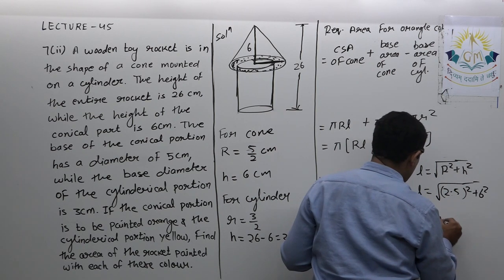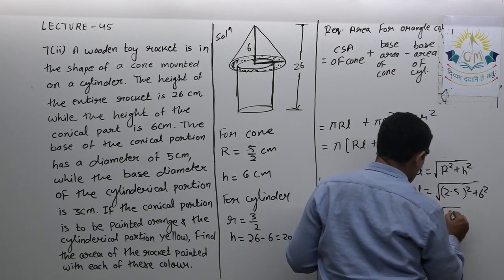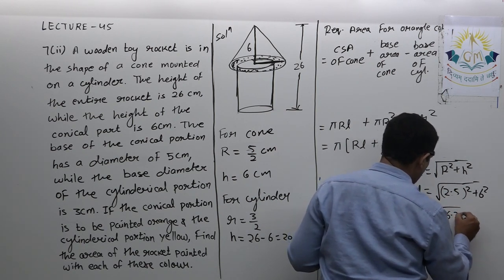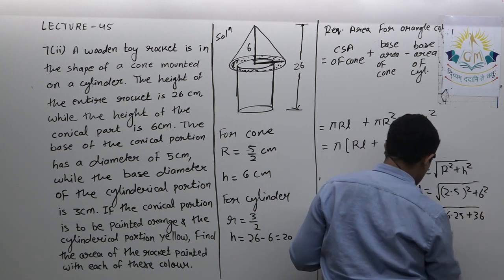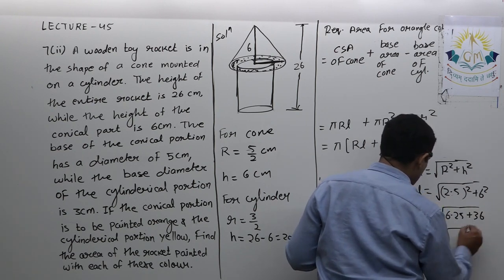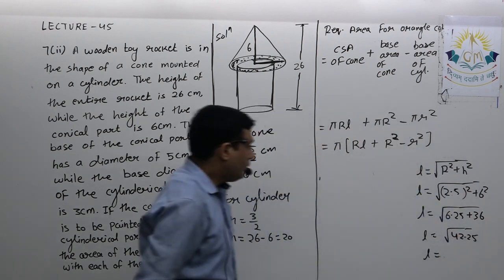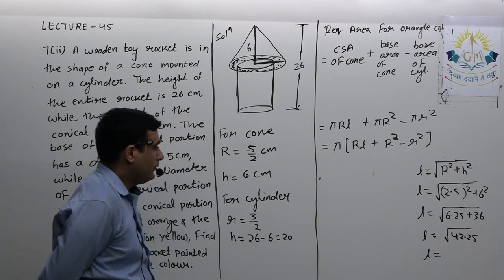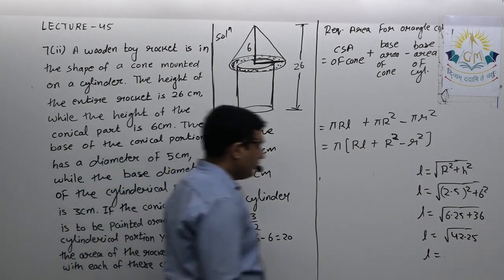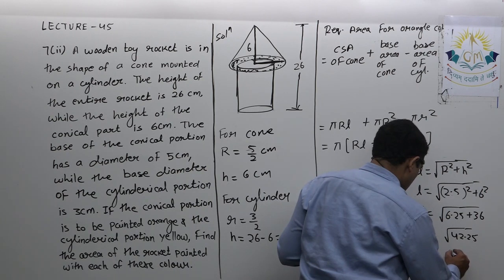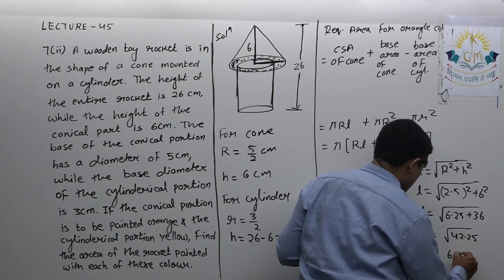So L is equal to root of 6.25 plus 36, so L is equal to root of 42.25. So this is actually 6.5.